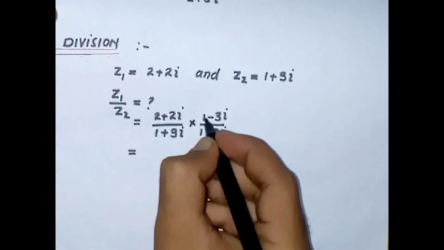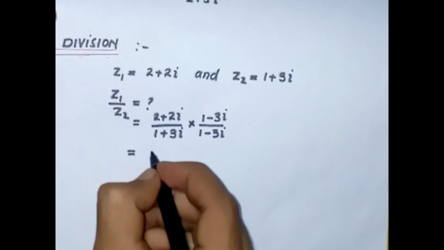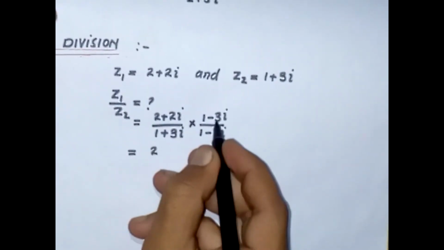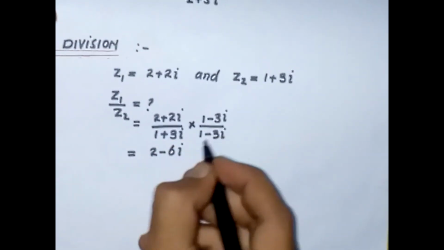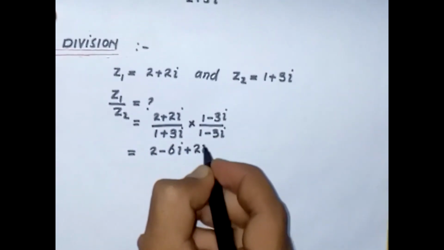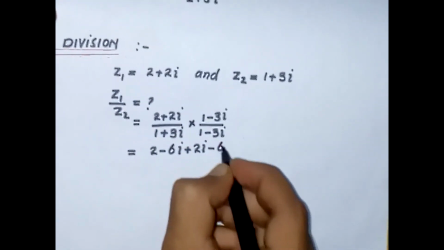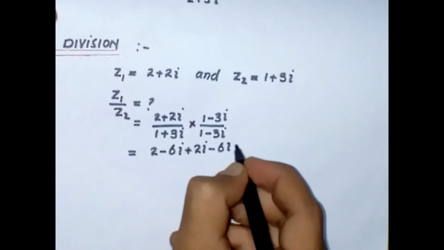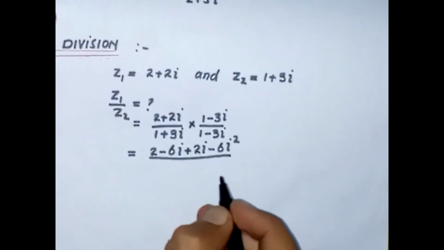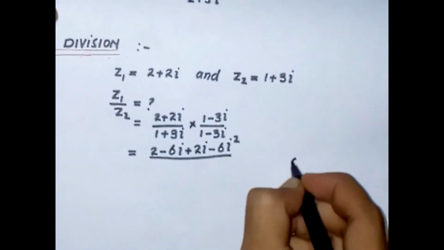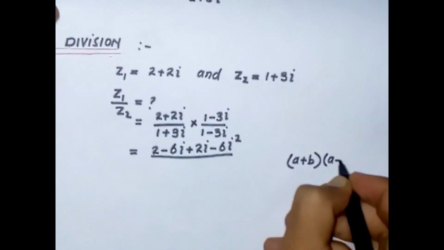Multiply each term of the numerator by each term of the conjugate. 2 times 1 gives 2. 2 times minus 3i gives minus 6i. 2i times 1 gives 2i. 2i times minus 3i gives minus 6i square. Divided by, now this is in the form a plus b into a minus b.